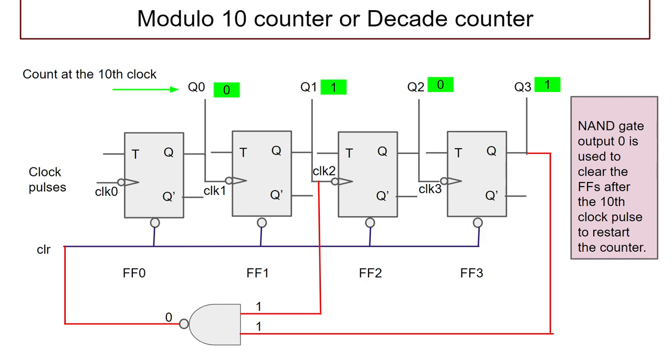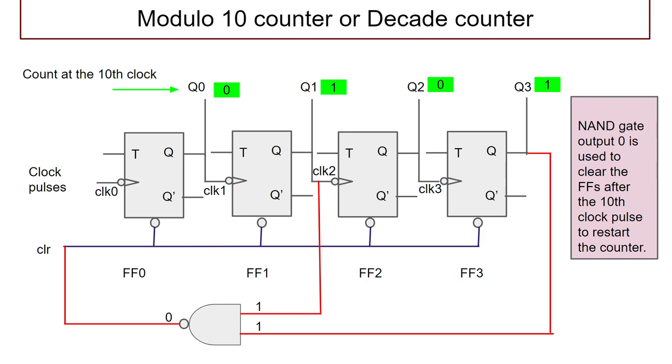The only thing we need to see is that at the nth clock pulse, we have to examine the output of a 4-bit ripple counter and see which bits are taking value 1, and those bits have to be applied to the NAND gate.